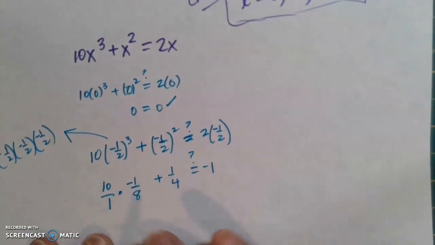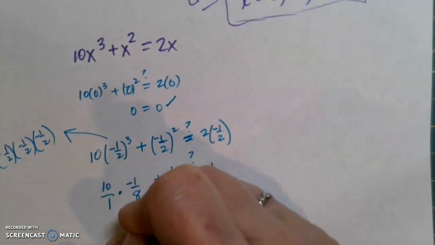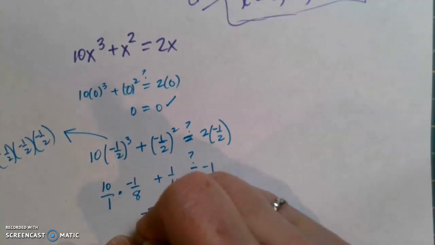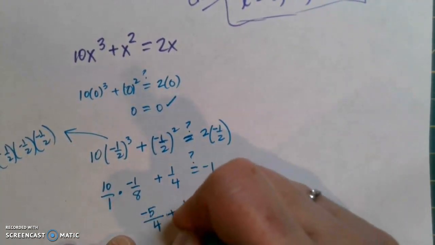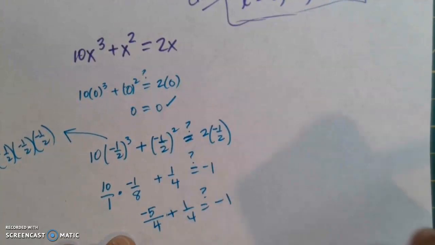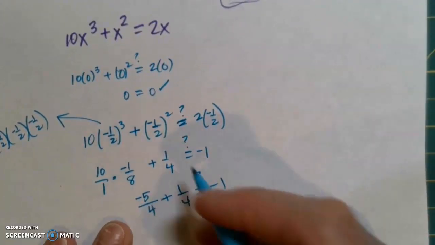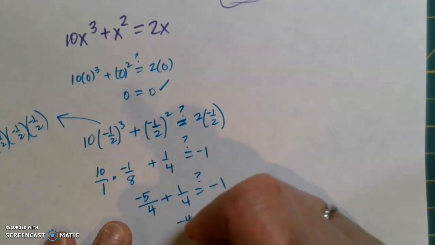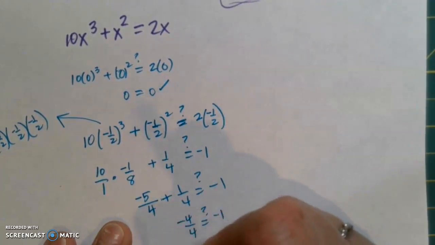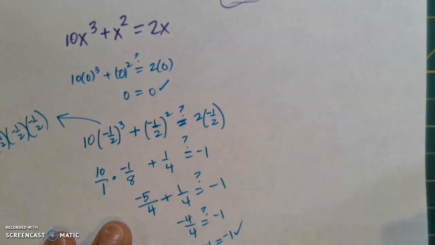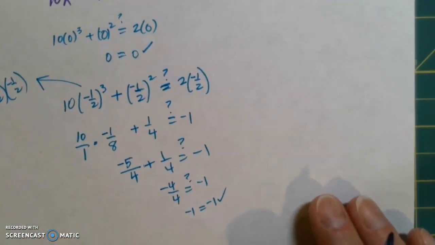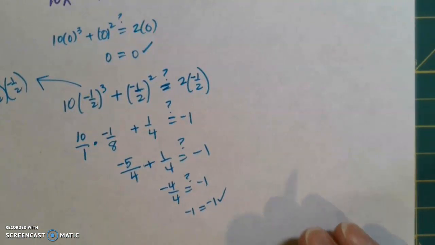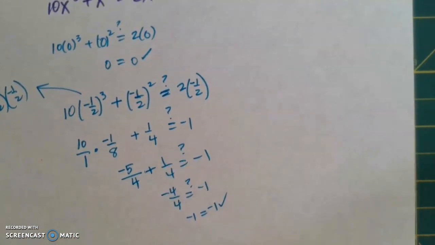And then we will divide things out here, leaving us with negative 5/4 plus 1/4, and does that equal negative 1? Well, negative 5/4 and positive 1/4 gives us negative 4/4, which will simplify to negative 1. Okay, so we're 2 for 2 on our solutions.